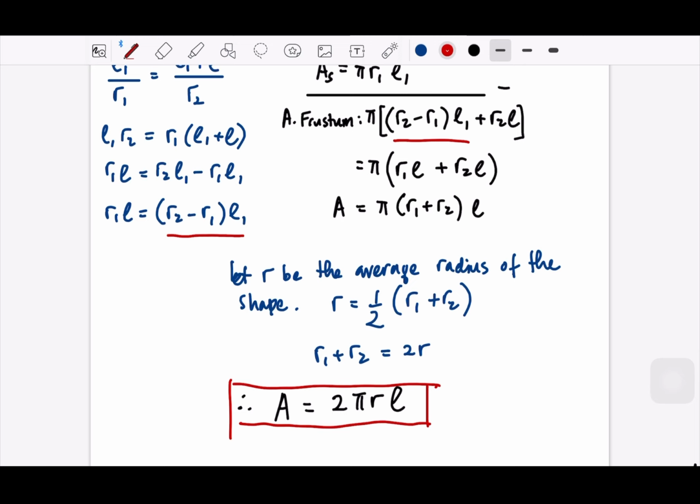And of course, how do we get L? How do we get L? If we have the curve, let's say we have it like this, and we cut open like this, L is here, right? So how do we get L?